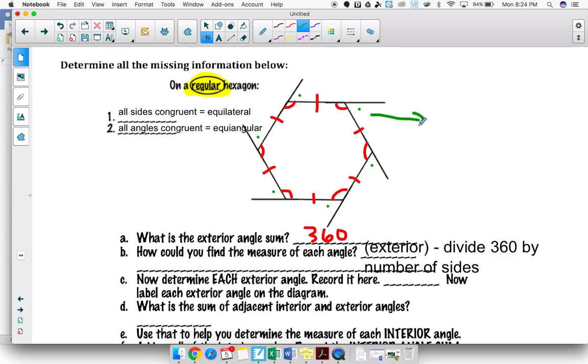I'm just going to mark my picture. 360 divided by 6, which in this case would be 60 degrees. So this little exterior angle right here is going to be 60 degrees. Okay. Now label each exterior angle. I'm going to do that. You don't have to, but since it's the first time we've done it, I want you to see the pattern. So those are all going to be 60.